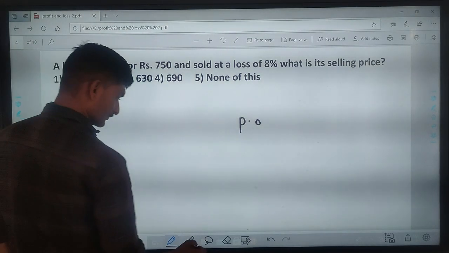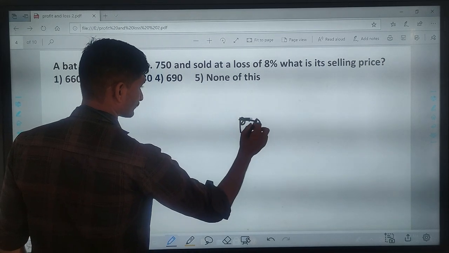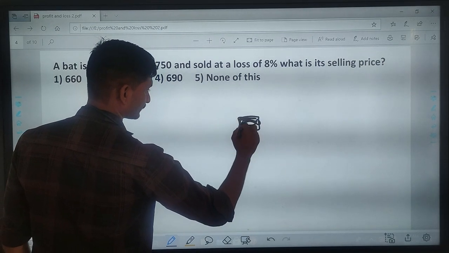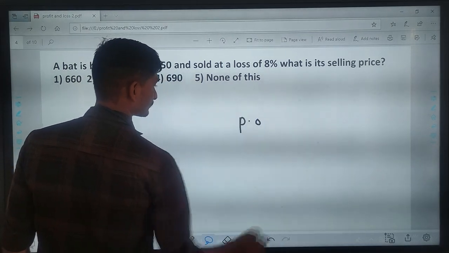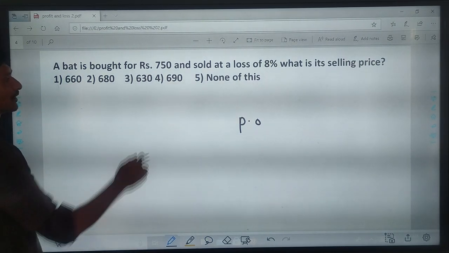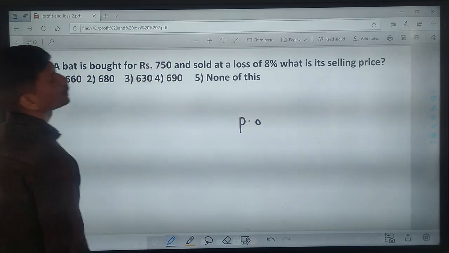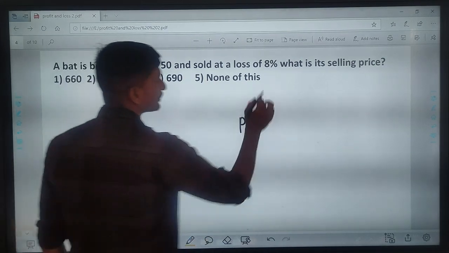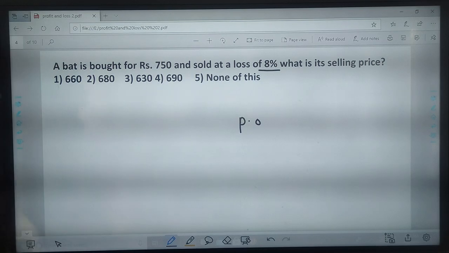Next, a bat bought for rupees 750 and sold at a loss of 8%. What is the selling price?